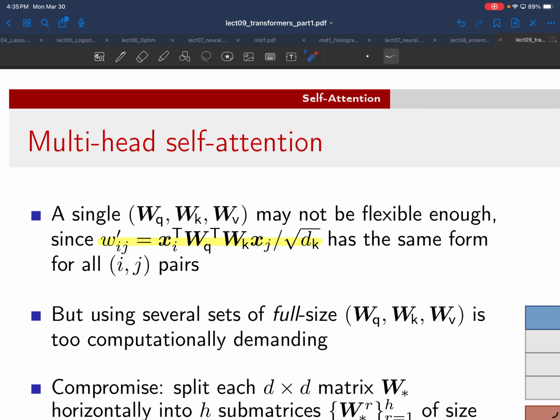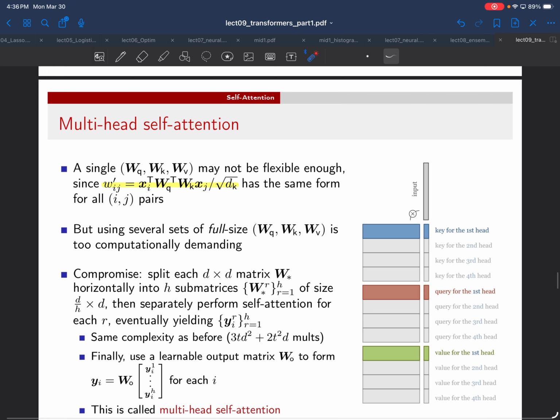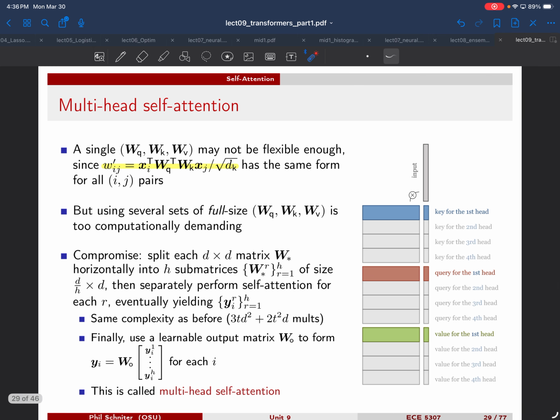And so this is just one flavor of how an xi and an xj can combine. So one thing you could do is have a whole bunch of copies of these matrices. So maybe you have 10 versions of each of these matrices. Well, that would work. Now it's going to scale up your computation by a factor of 10. So that's not very efficient.